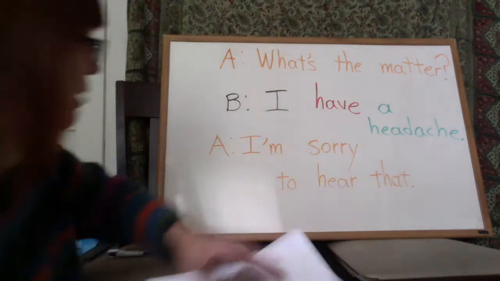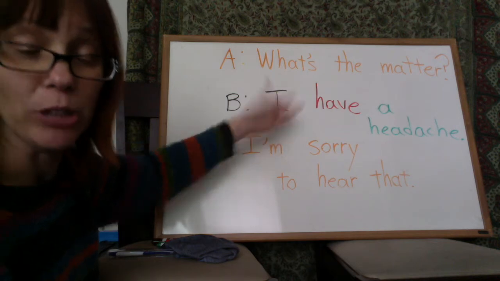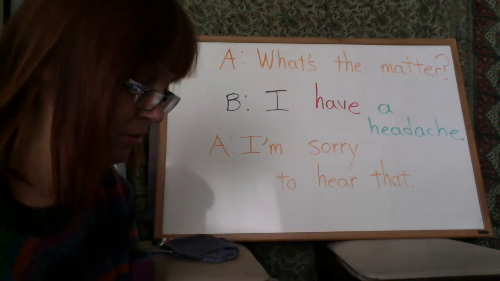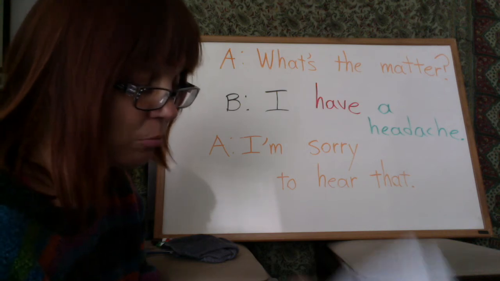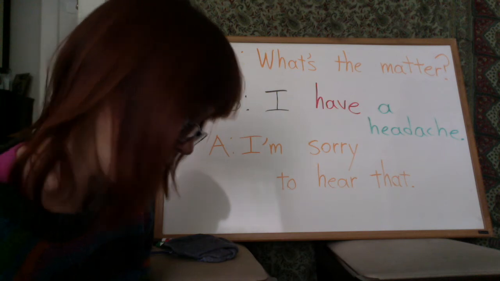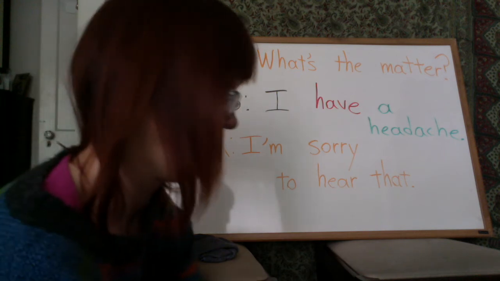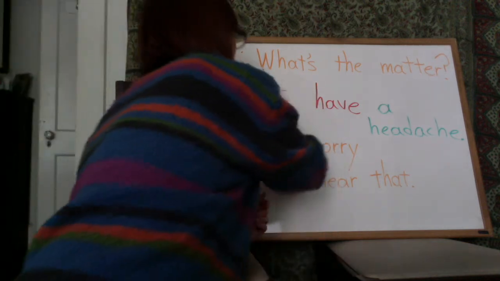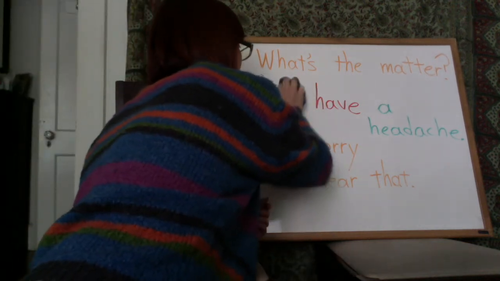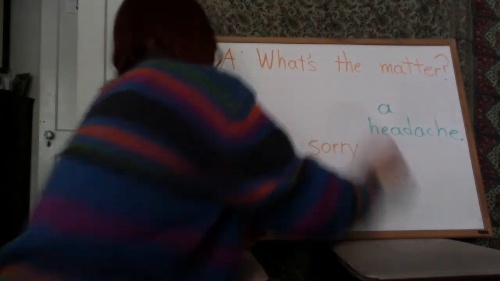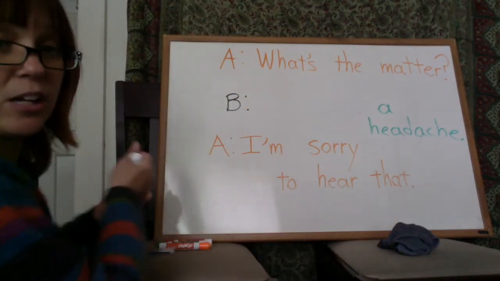So that's when we practice I, when I talk about me. I have a headache. And then I can practice with other people. So for example, I can use he or she. So I can replace I have with he or she.